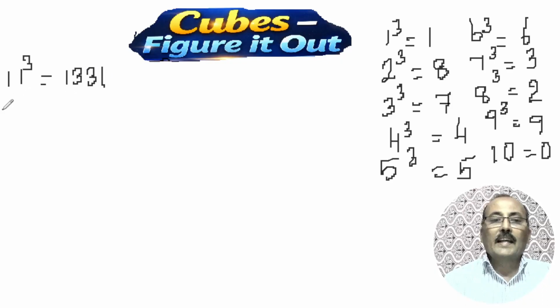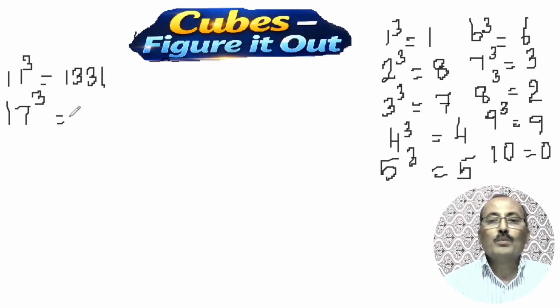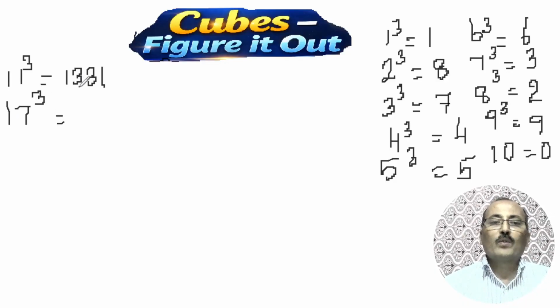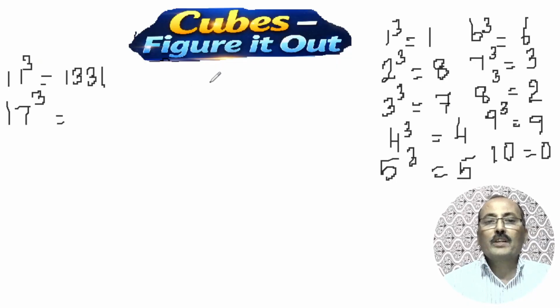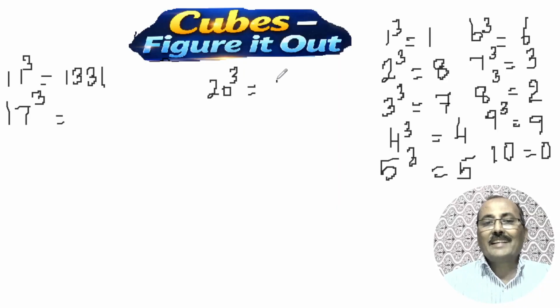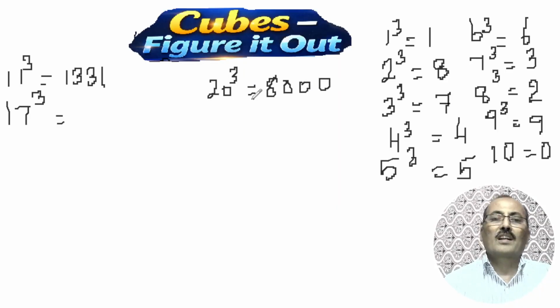Then can you guess what is 17 cube? Surely it is above 11 cube and below 20 cube. We know 20 cube is 8,000, so it is closer to 8,000, though not very close.